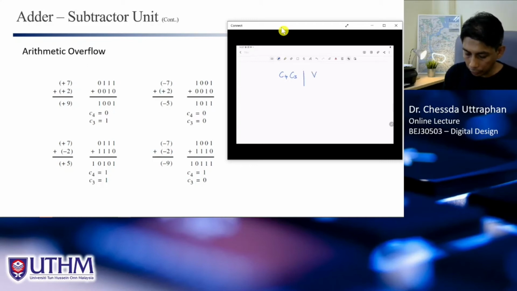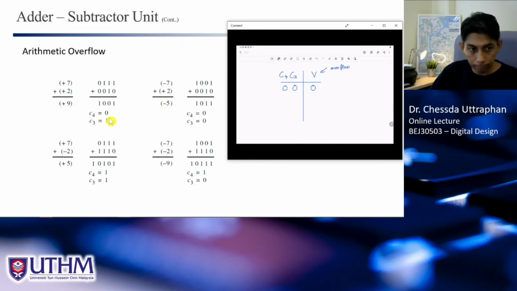We create the truth table for this. And let's see if 0, 0, the output V should be 0, right? No overflow in this case. 0, 0, no overflow, so V equal to 0. V is overflow, yeah? We call it V.